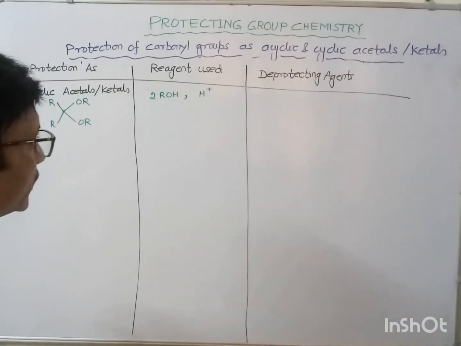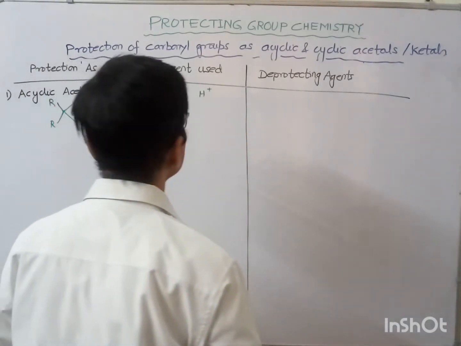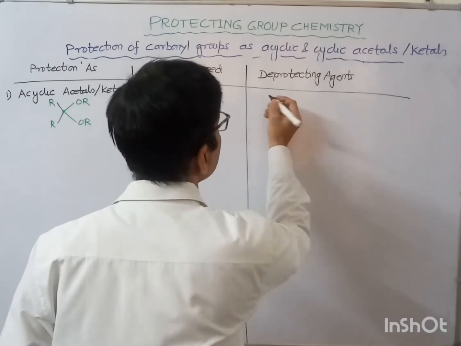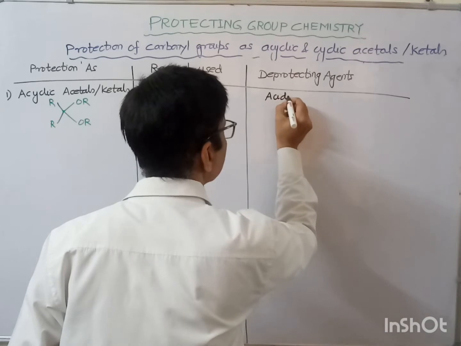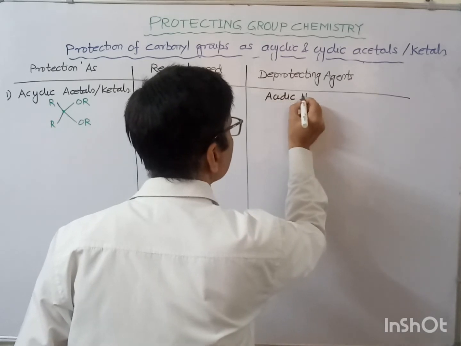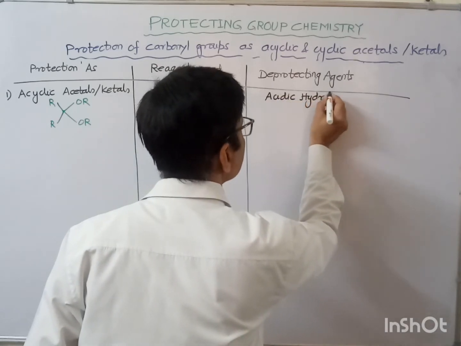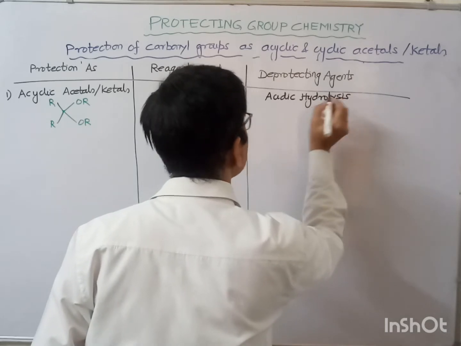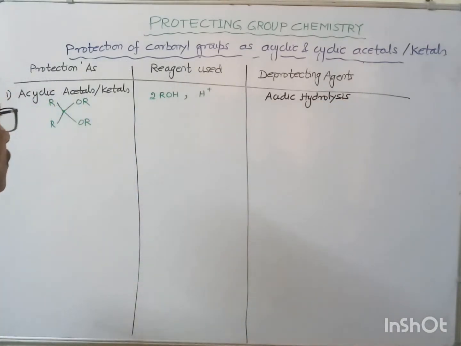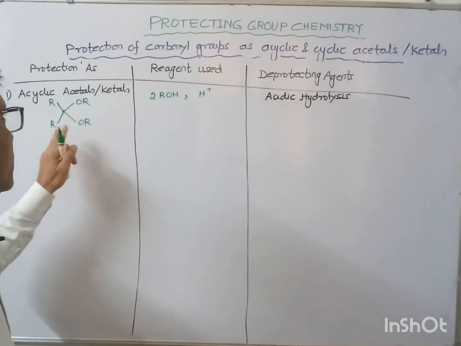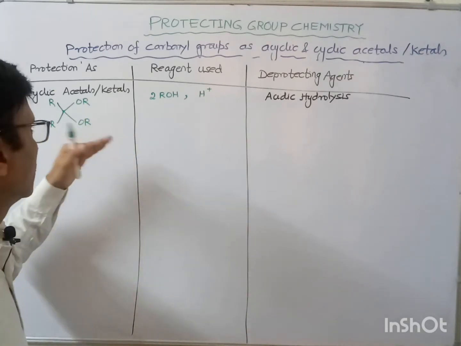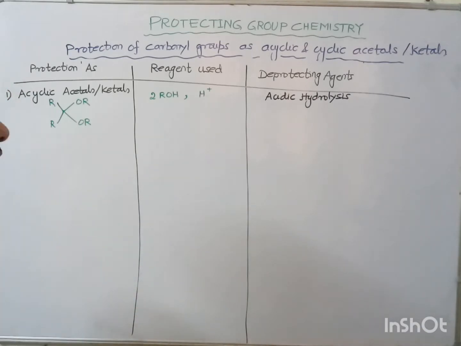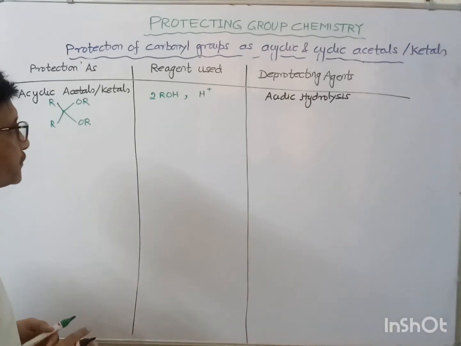Here the deprotecting agent used is acidic hydrolysis for this deprotection. So acidic hydrolysis of this acetal gives you the carbonyl compound and this alcohol.